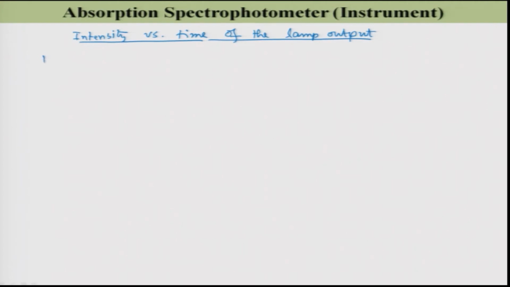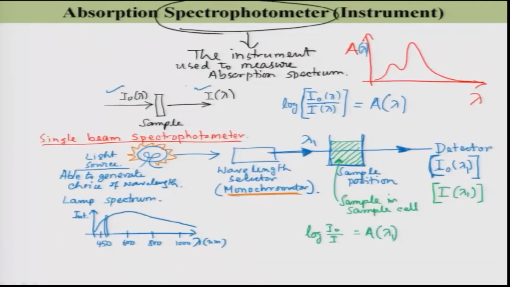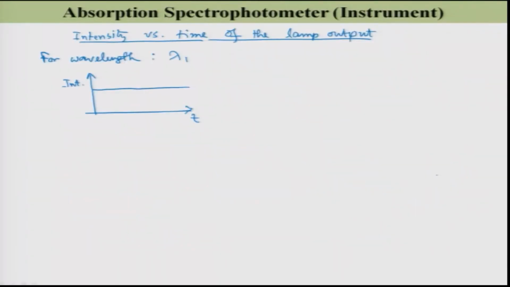So, for wavelength lambda 1, I am going to plot the intensity versus time. This time is real time. If the intensity remains constant, then there is no problem with my previous setup. However, this is not like that. The real intensity profile along this time axis is something like this.